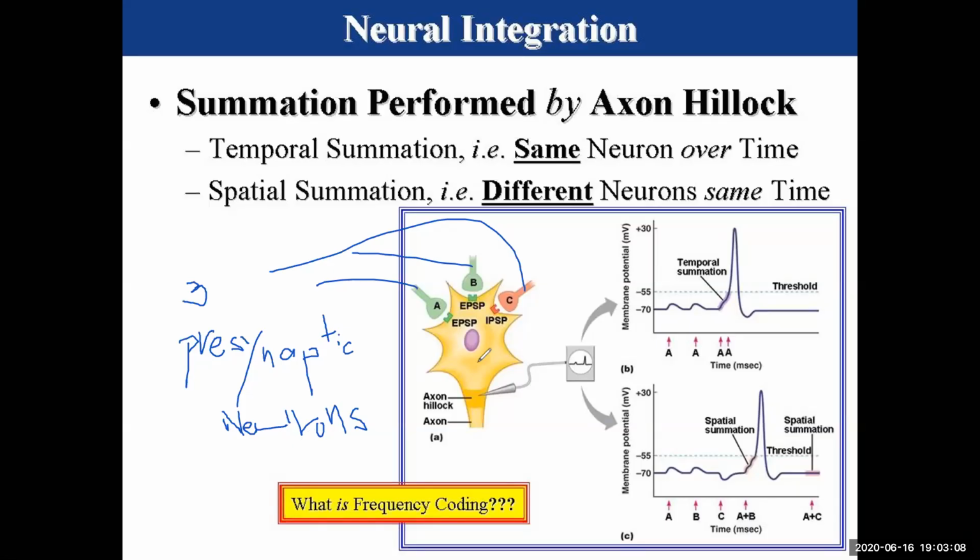This yellow neuron is the postsynaptic neuron. Okay, presynaptic, P-R-E-S-Y-N-A-P-T-I-C. Postsynaptic, P-O-S-T-S-Y-N-A-P-T-I-C.